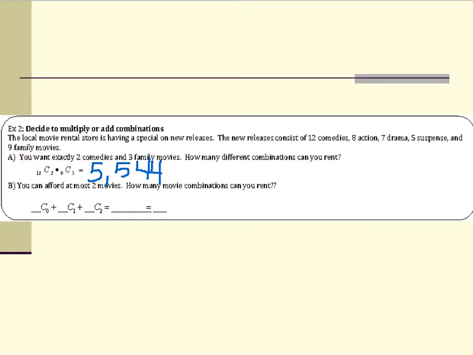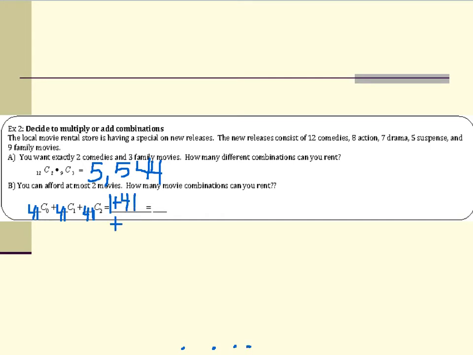So down here, it's going to be 41C0, or you could have 41C1, or you could have 41C2. So we would have to find those separately, which is 1 for 41C0, plus 41C1 is 41. There's 41 ways just to pick one.